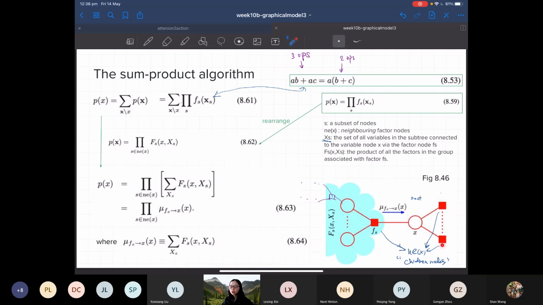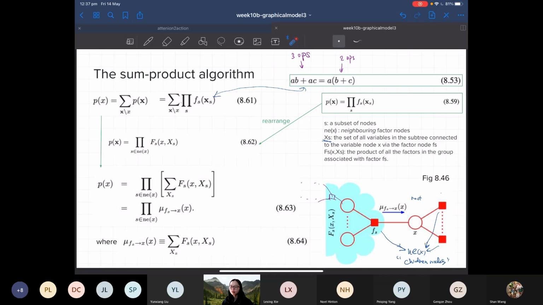So this tree structure and the factor nodes leading the subtrees allows us to rearrange this generic factor graph expression according to these directly connected factor nodes, right? So we're just saying we arrange the terms, and all the factors dangling off f of X are grouped into this big f of S, right?